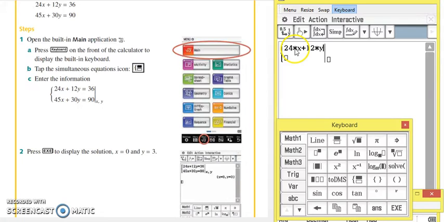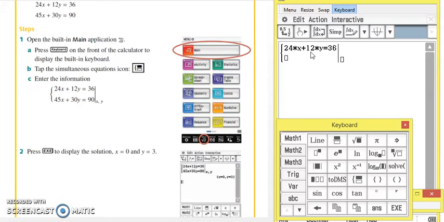Now remember, your times symbol is going to look a bit different to mine. Yours is actually going to just be the normal multiplication symbol. So 24 times x plus 12 times y. I know this seems pretty obvious, but make sure you make it equal to 36. I've had a lot of students just put the first part in without it equaling to something, and then they always end up getting the answer 0, 0 for x and y. You have to make it equal a certain number, in this case 36.